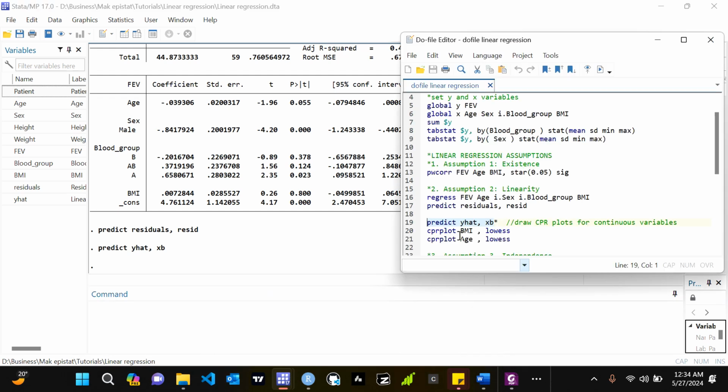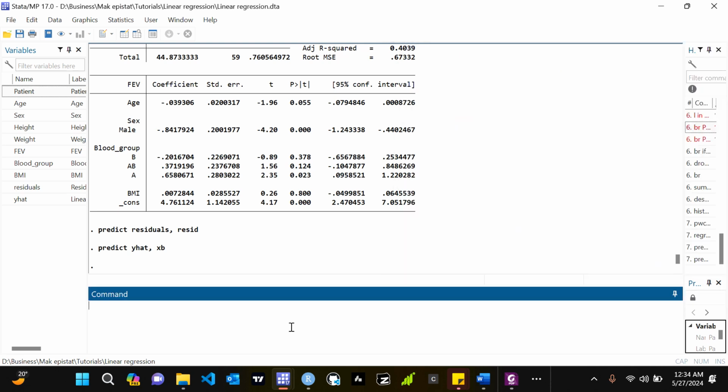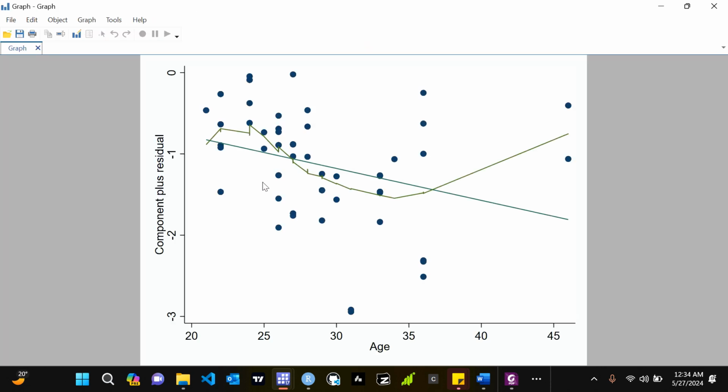The CPR plot uses those to determine this. This is a CPR plot of age in a regression line.